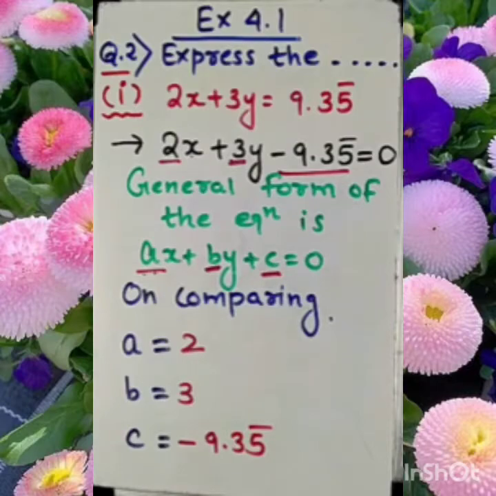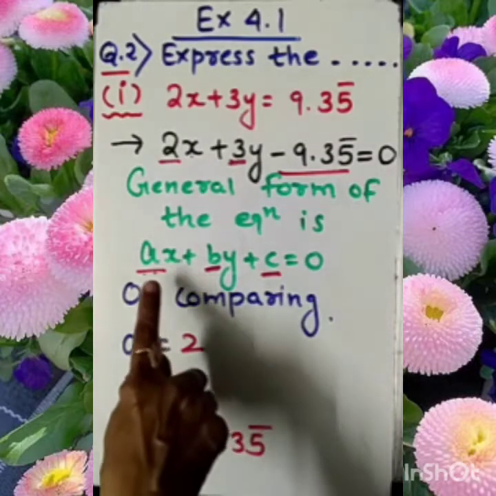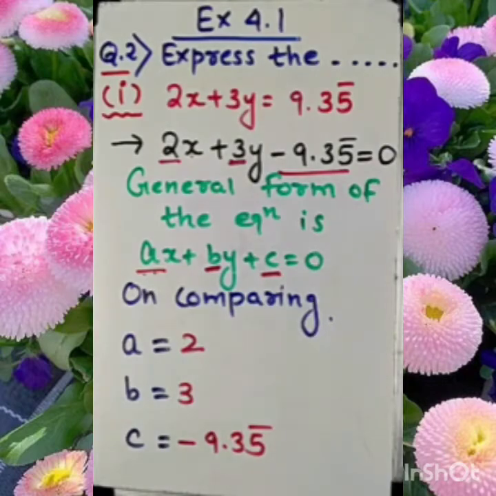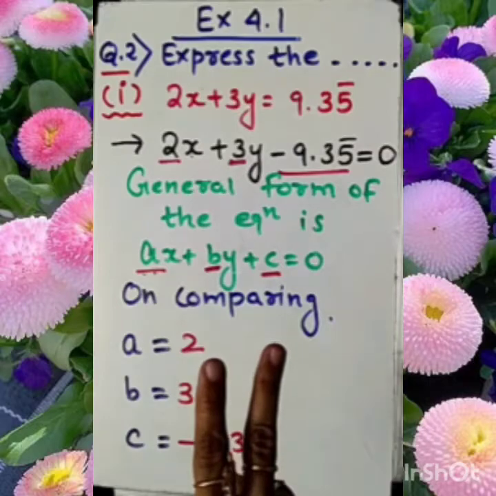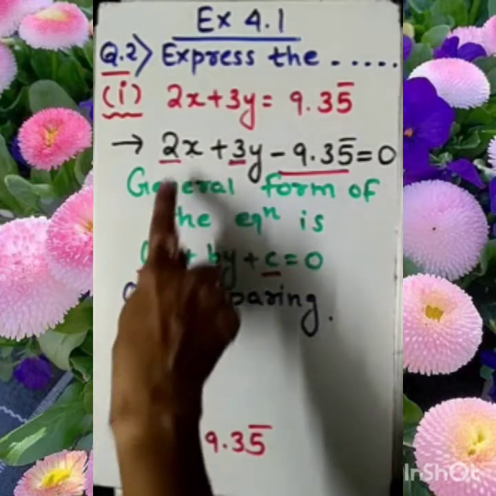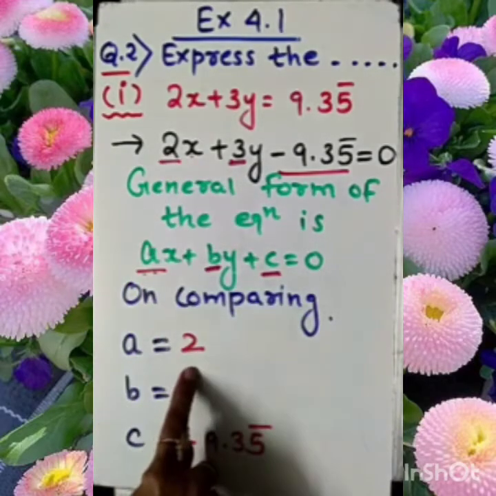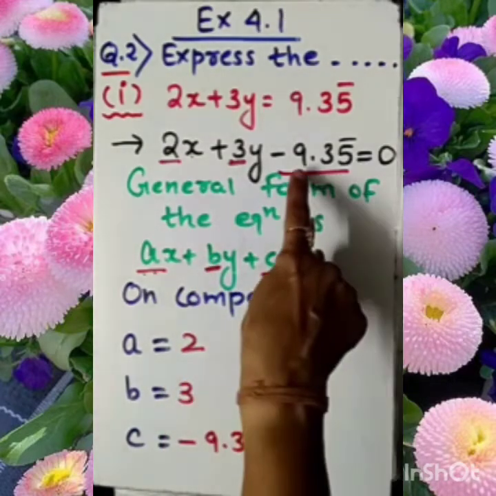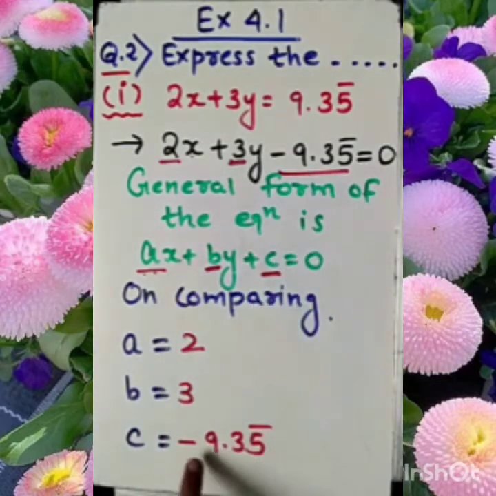So ax plus by plus c equal to 0 is the general form of linear equation in two variables. If we compare, then a equal to 2, b equal to 3 and c equal to minus 9.35 bar, along with the sign minus. Clear? Let's try to understand the same thing through some more examples.